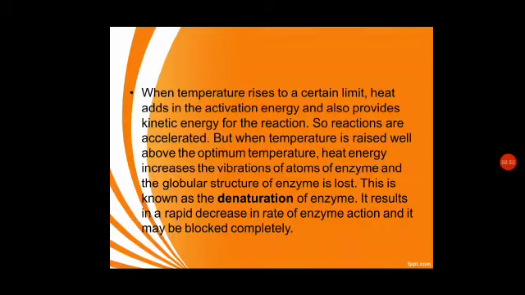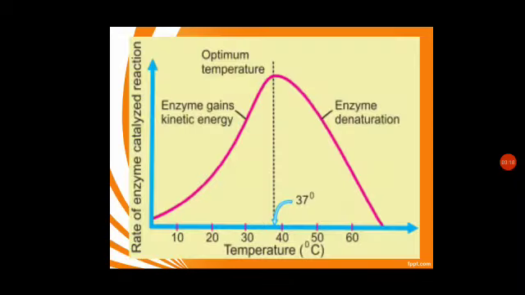Its structure is lost, so we can say this is the denaturation of the enzyme. Or sometimes the enzyme action is decreased and may also be blocked. So a very specific temperature is required for every reaction.